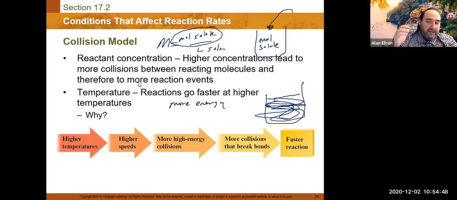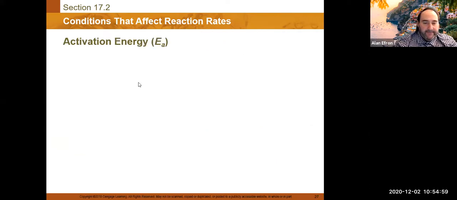Again, everybody has a lot less energy, they're moving around a lot slower, and even if they do come in contact with each other, they might not have a sufficient amount of energy to make that reaction take place.